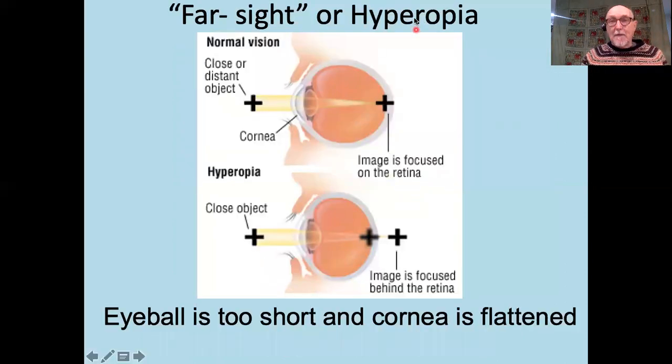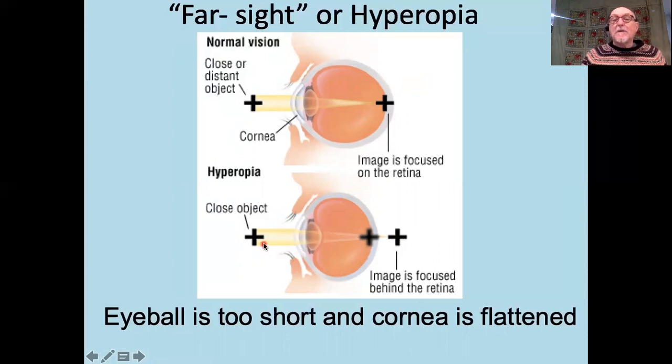The other condition, also quite common, is called far sight or hyperopia. In this instance, the eyeball is too short, and often the lens is too flat. And as a result, the sharp image is cast at the back, behind the retina.